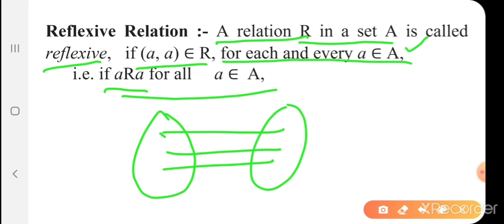If there is a, then that is also a. If this is b, then this is also b. If this is c, then this is also c. So every element is related with itself. Then this relation is called the reflexive relation.